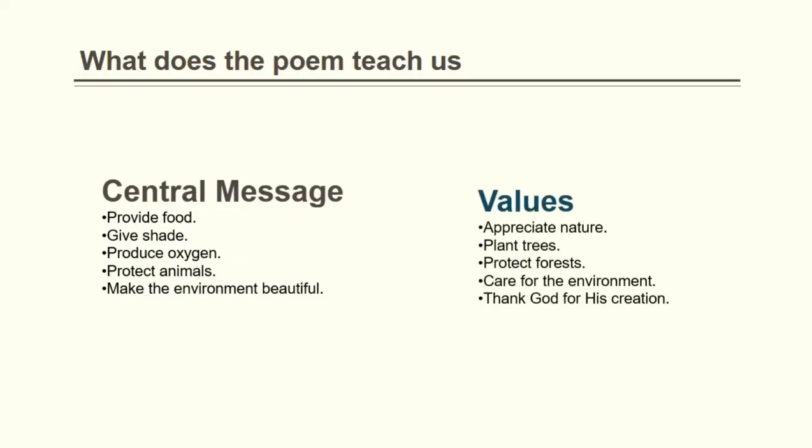Some of the values that we can learn from this poem is that we should learn to appreciate nature. We should also cultivate the habit of planting trees, protect the forest, care for the environment, and also thank God for His creation.